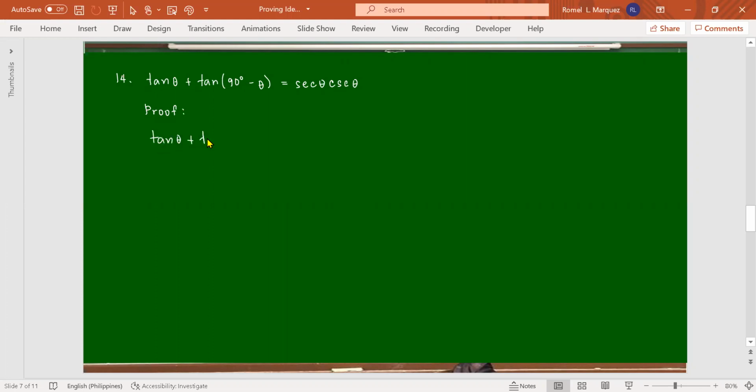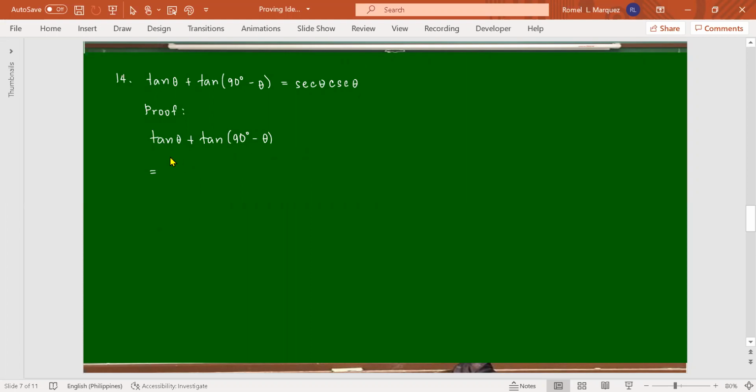Our goal is to express this in terms of secant theta cosecant theta. For this, we have to express tangent theta and tangent of 90 degrees minus theta in terms of sine and cosine, and then later apply the reciprocal identity perhaps.